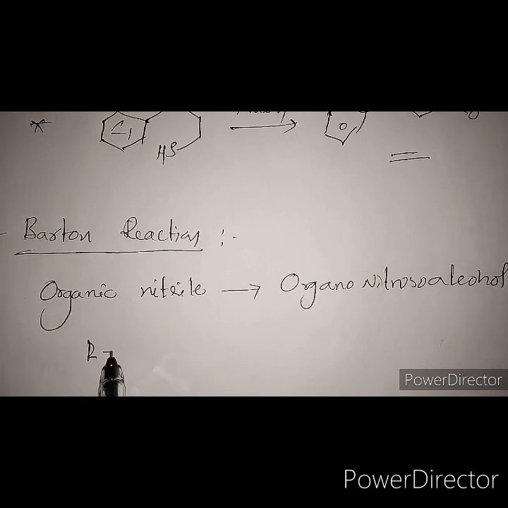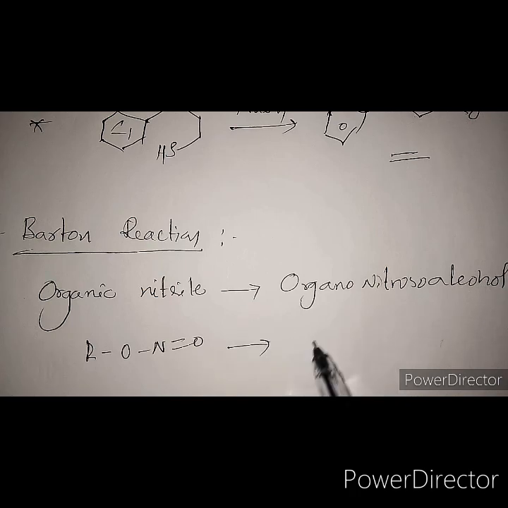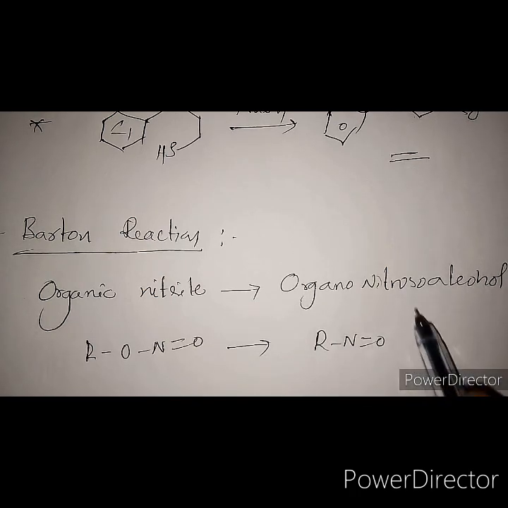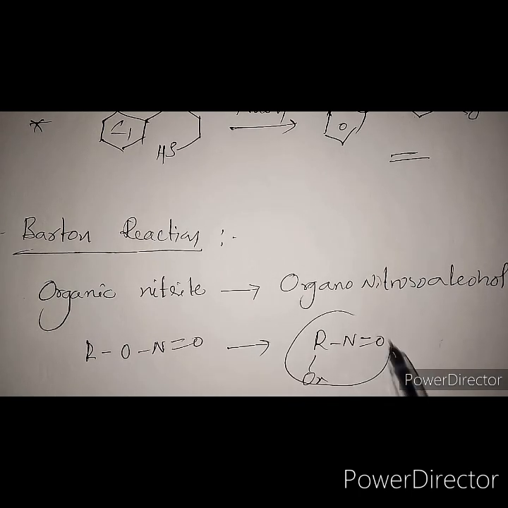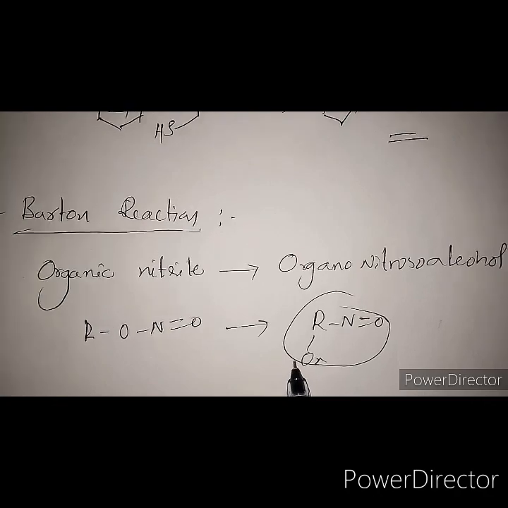Organic nitrite means R connected with O, N double bond O, and this product contains OH as well as N double bond O, some OH.